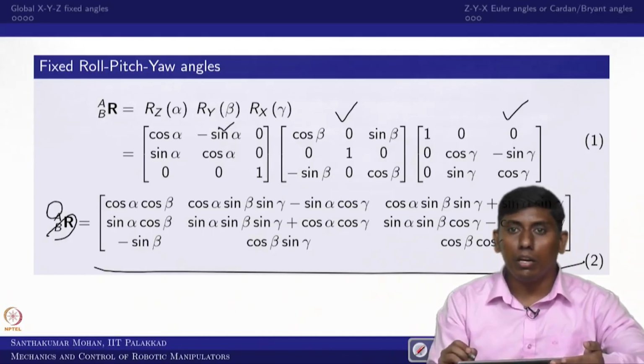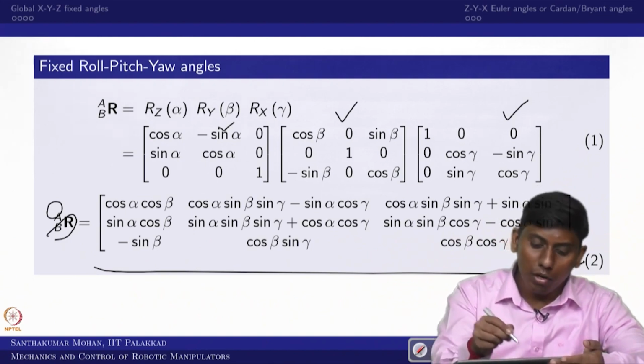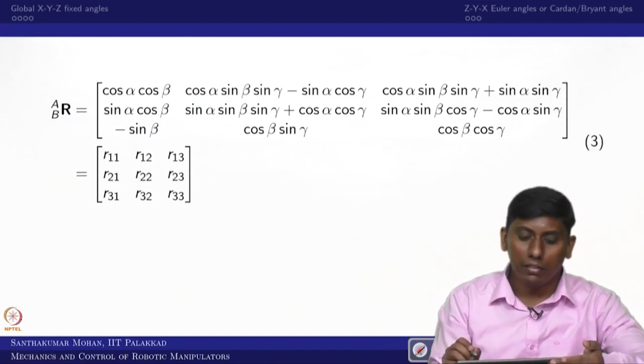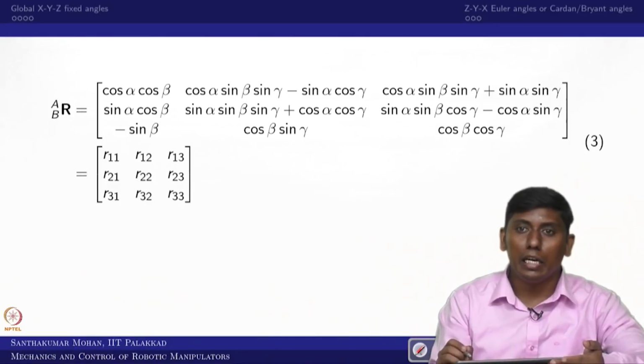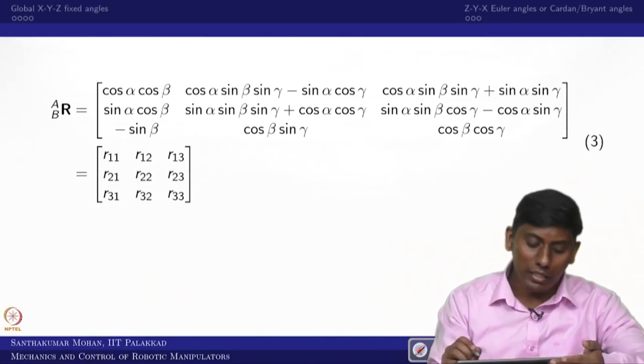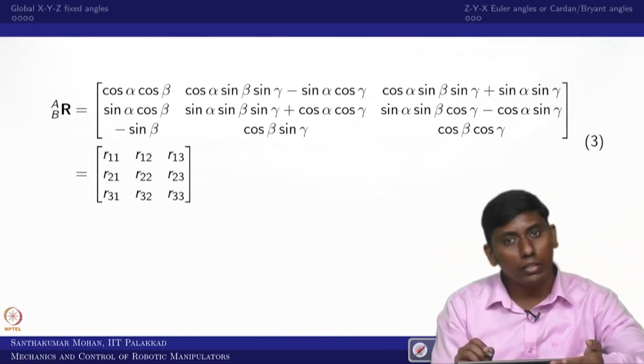Now, taking this into consideration, this is the bigger matrix. I have taken the same matrix but placed it conveniently where you can see it. This is equivalent to what I am writing as R11 to R33.